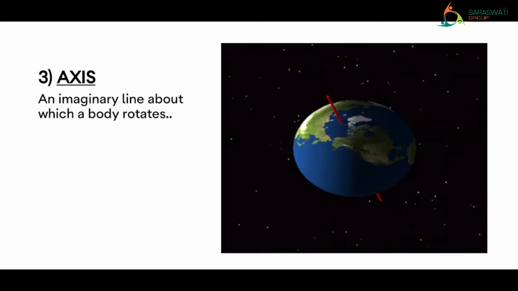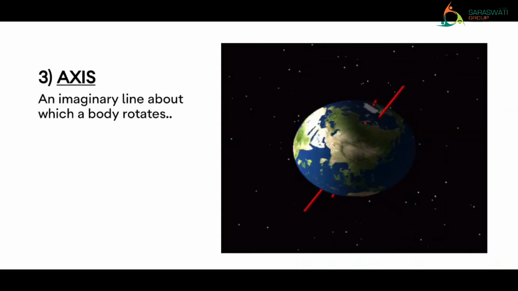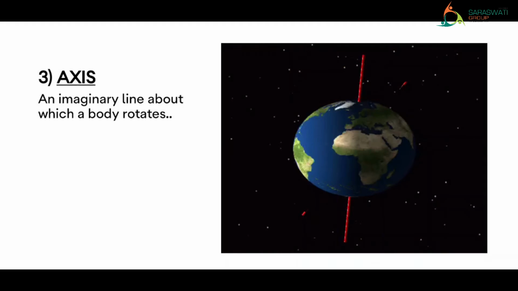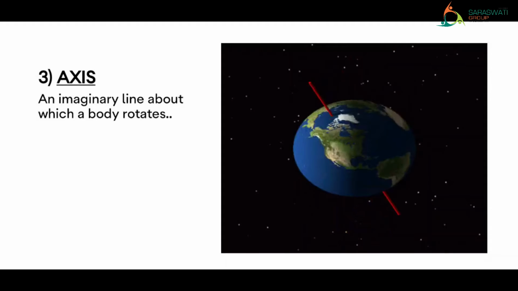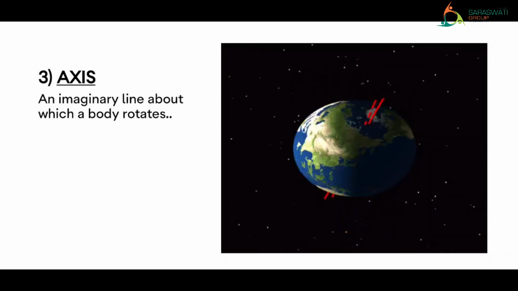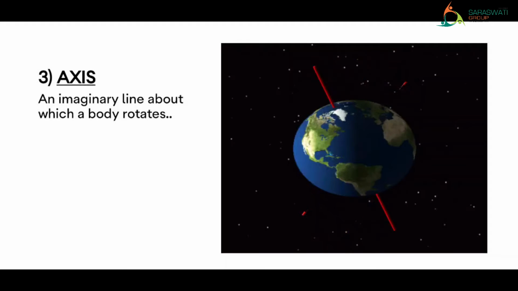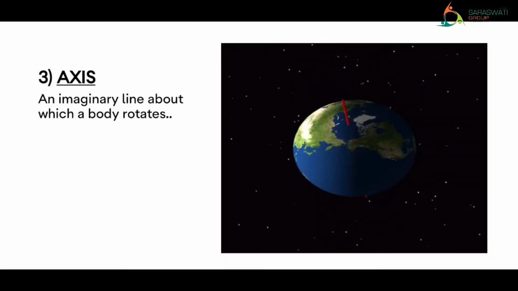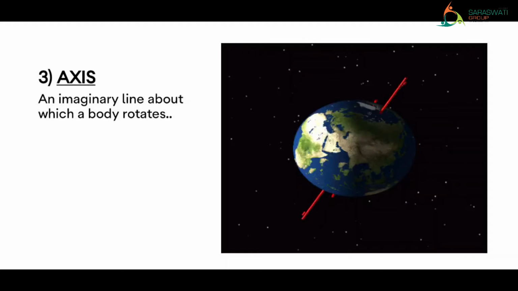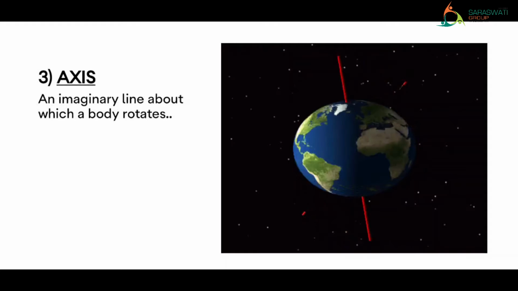Next, axis. Axis means an imaginary line about which a body rotates.